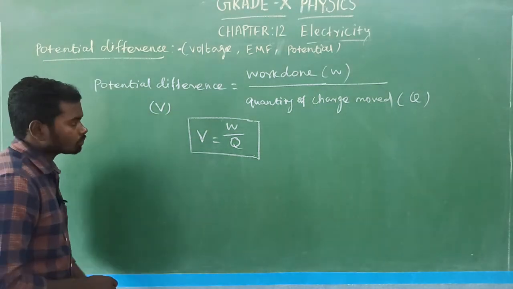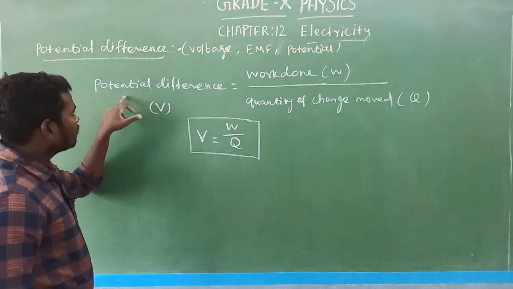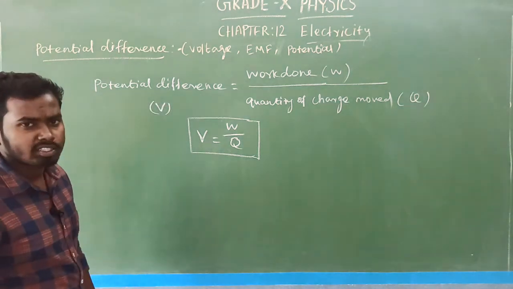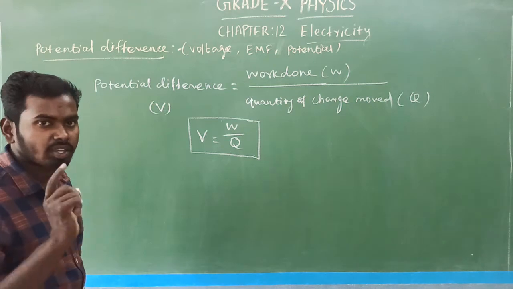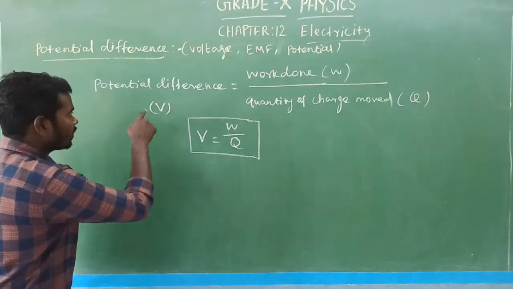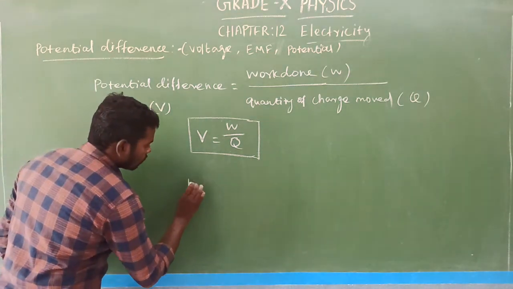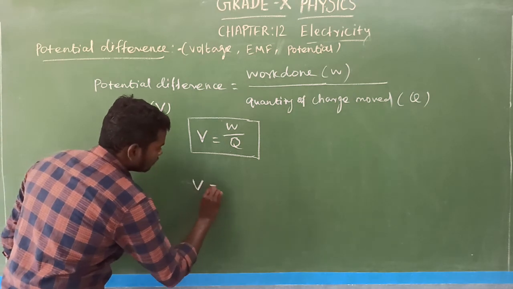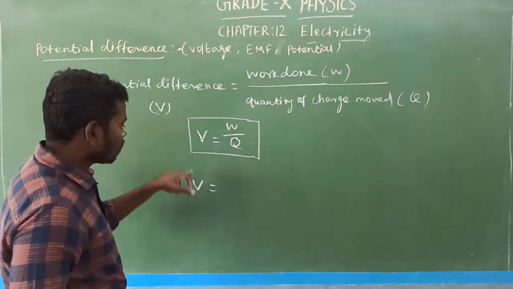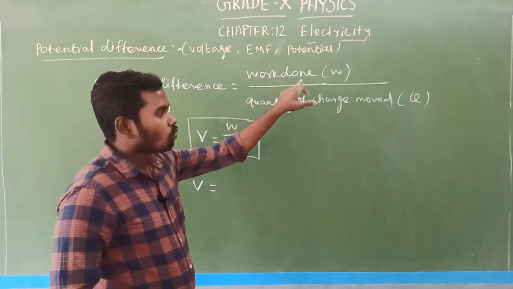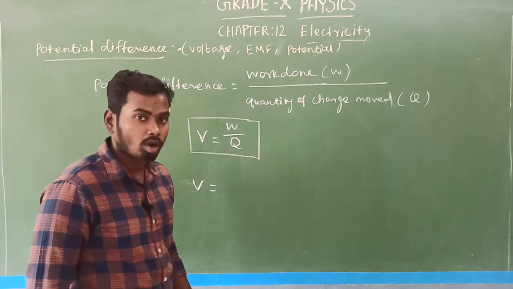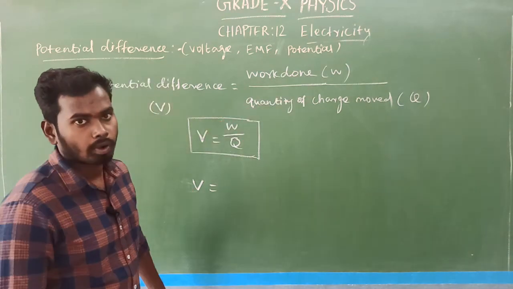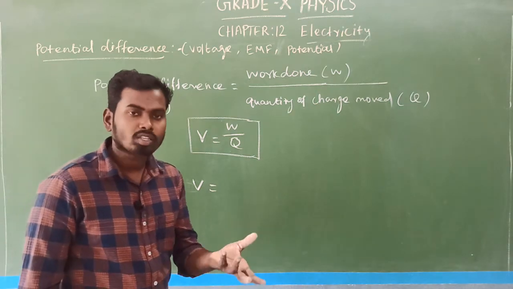Next, we already know the potential difference SI unit is volt. So here substitute 1 V. V means volt. Then what is the SI unit of work done? Joule. Work and energy are both the same, that is joule.